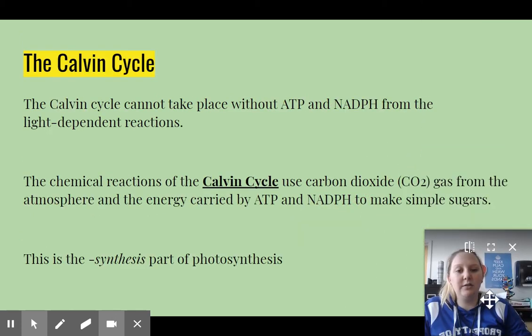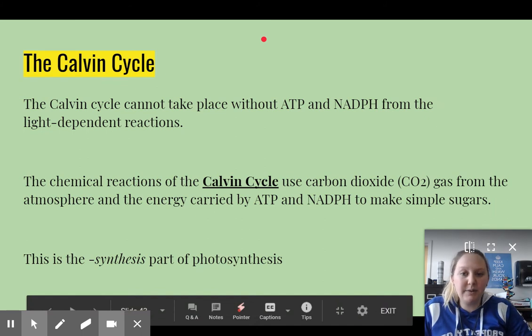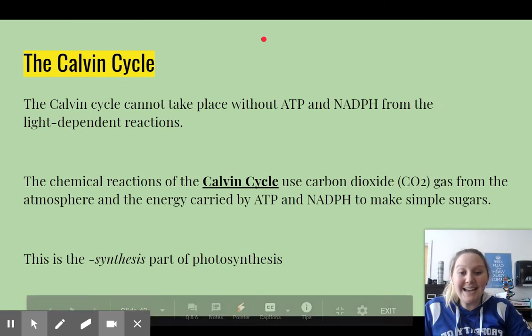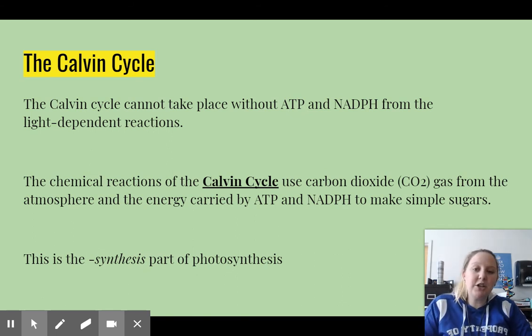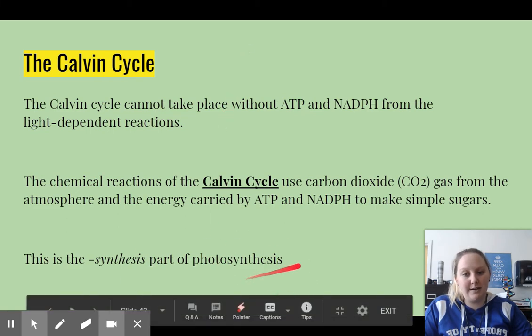The Calvin cycle cannot take place unless ATP and NADPH are present from the light-dependent reactions. The chemical reactions of the Calvin cycle use carbon dioxide gas from the atmosphere and the energy carried by our electron carriers to make simple sugars. This is our synthesis part of photosynthesis, meaning to make.